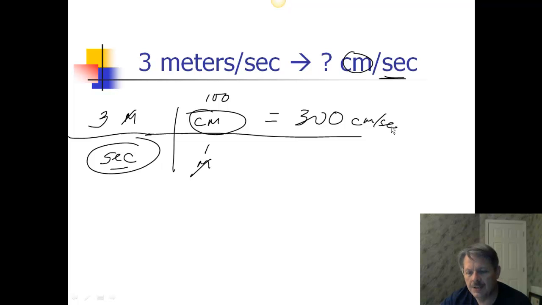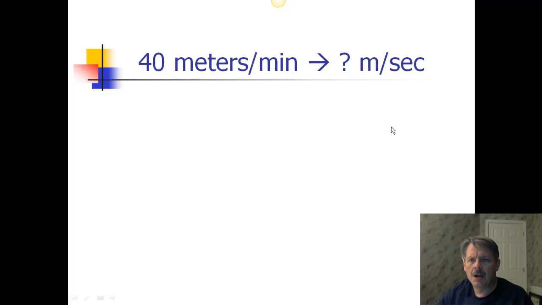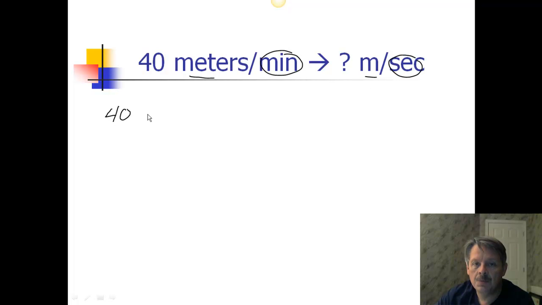Okay, that's pretty easy. Now, it is entirely possible that the top will remain the same. In this case, we've got meters on the top, and I'm converting from minutes to seconds on the bottom. So again, I just set it up as I normally do, 40 meters per minute. Now, in this case, please make sure you pay attention.